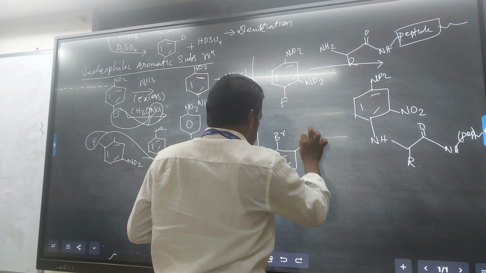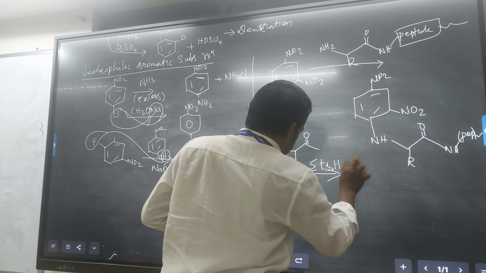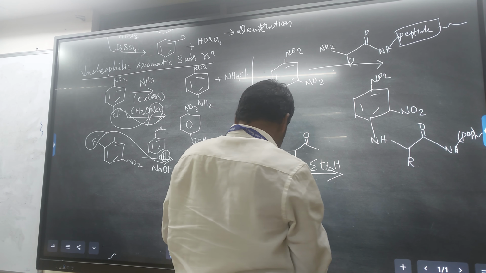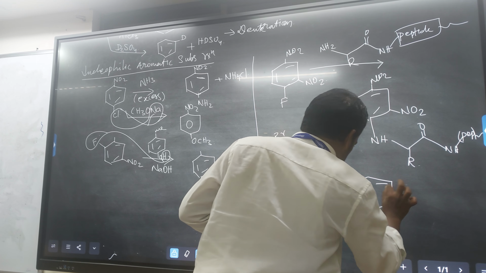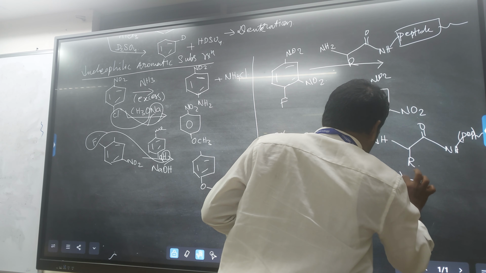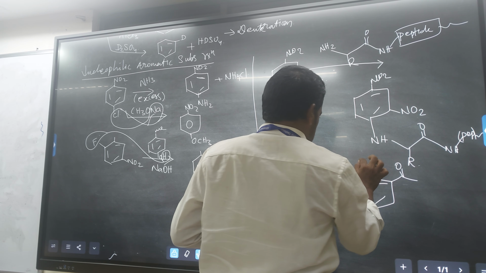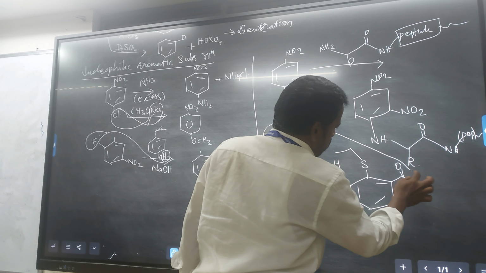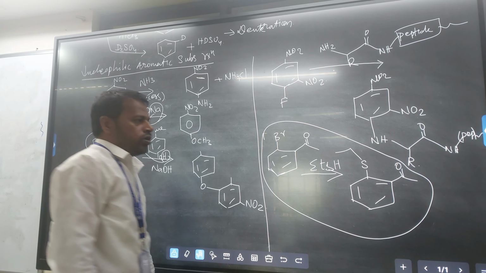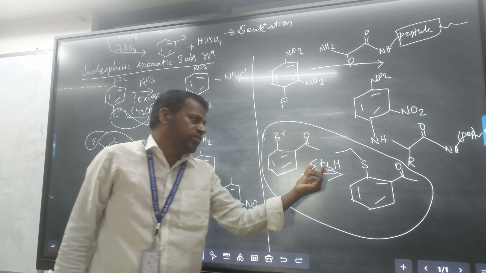Br double bond O. If you add SH, what happens here? Instead of ethanol, where the OH group is there, instead of that, EtSH.